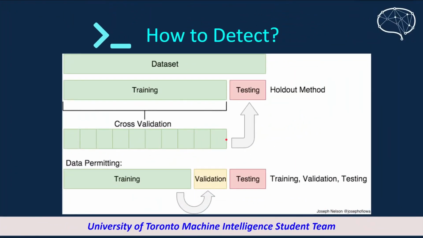Also, we want to know how to detect overfitting and underfitting. Remember, in workshop 2, I introduced these representations of the data set, how we split the data set in order to look at the performance of the model and how we actually train with it.